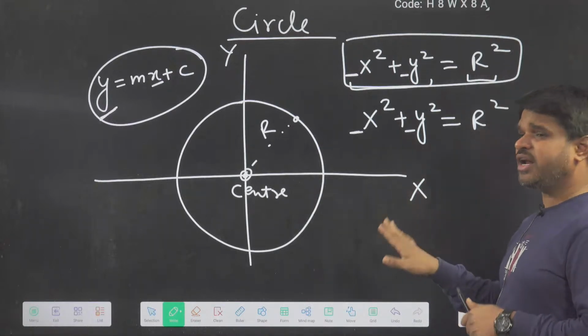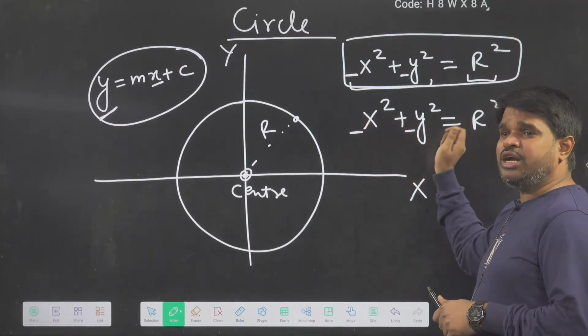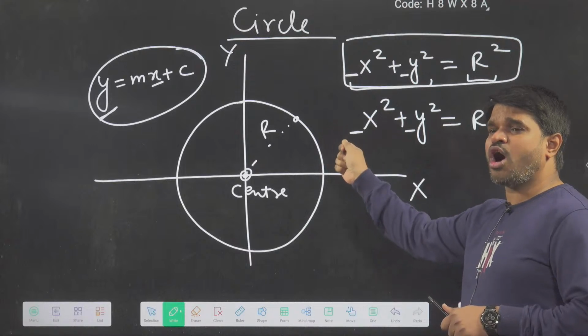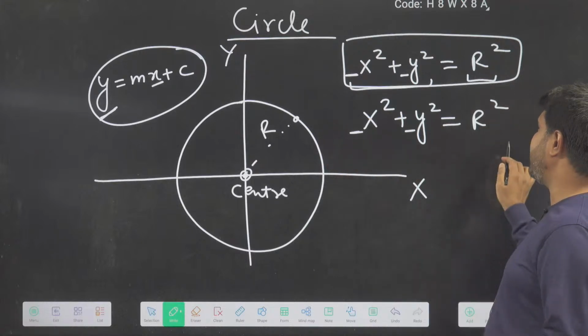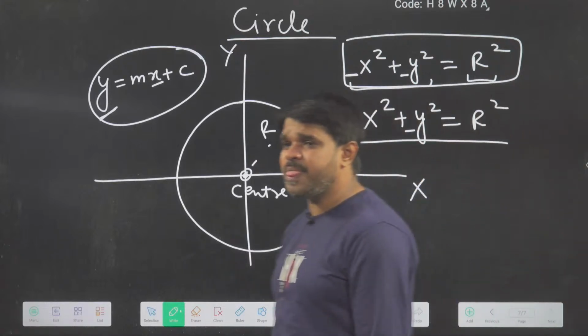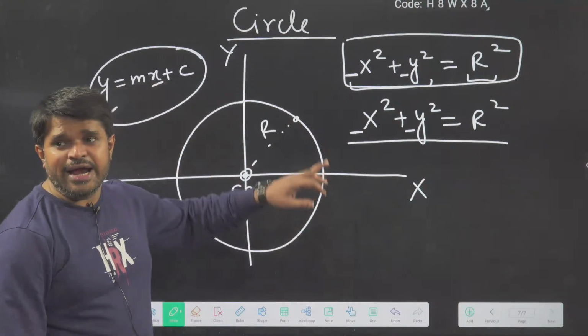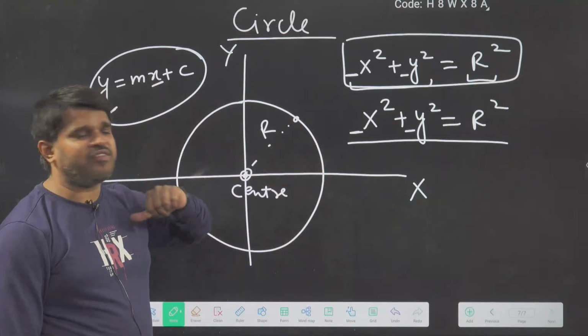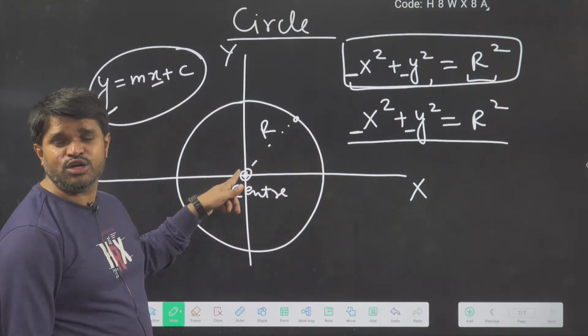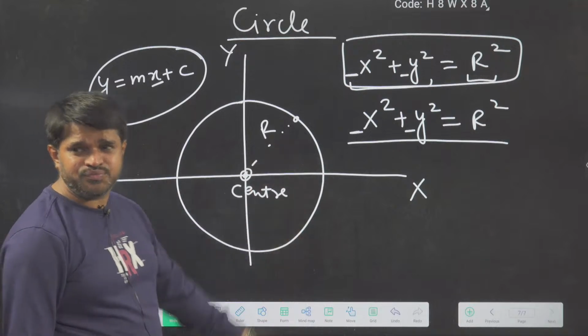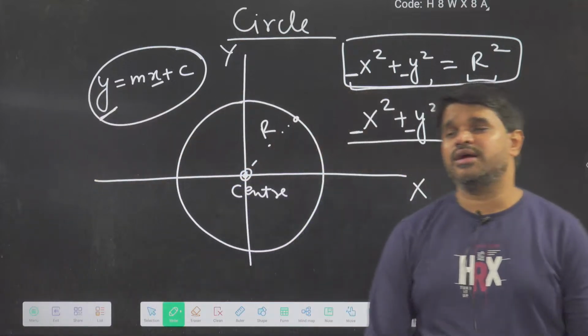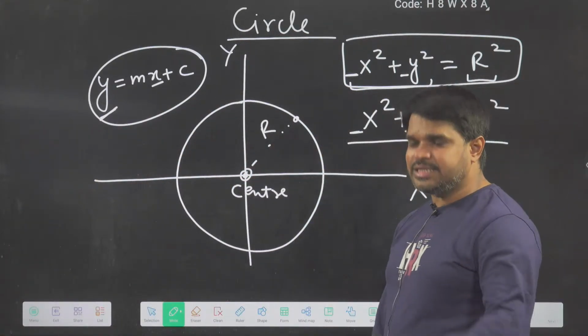If they are not 1 but the same, take that coefficient common and send it to the other side to make the equation. So write this equation. This is the equation of a circle whose center is at the origin and radius is r.